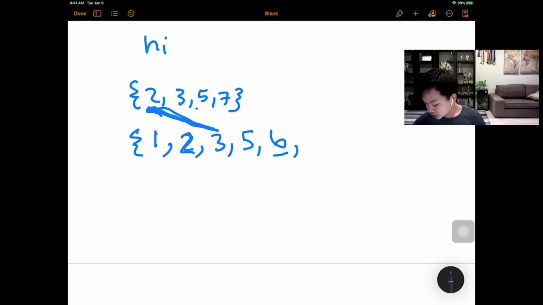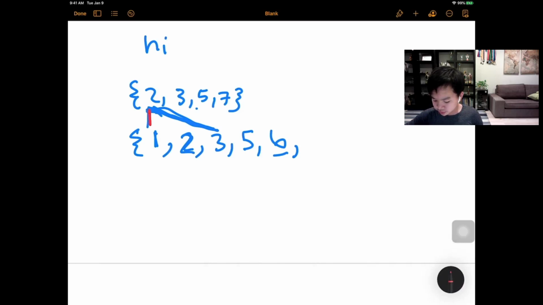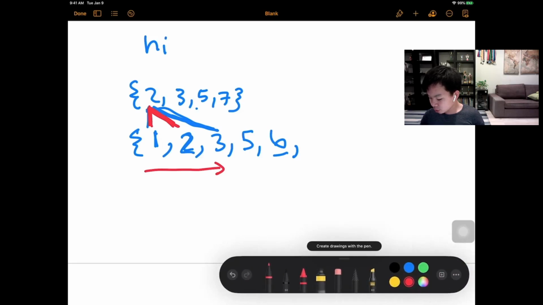Now when you're looking for the next value, you realize that you don't want to try pairing this or this, because if you have these in sorted order, then pairing these would result in a lesser value than 6, which you don't want because you want them to be increasing.